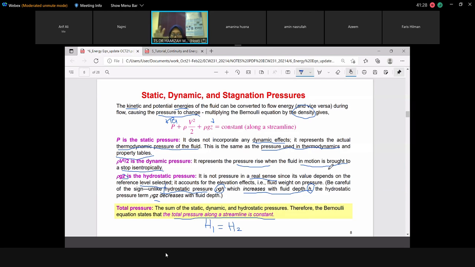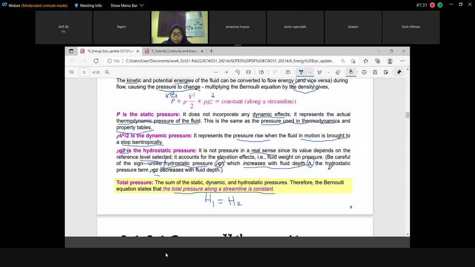Okay, so energy equation adalah yang total satu-satu tadi. This energy equation follows Bernoulli's principle, where the total pressure along a streamline entering sama juga dengan out. Okay, sama dengan continuity equation sebelum ni.